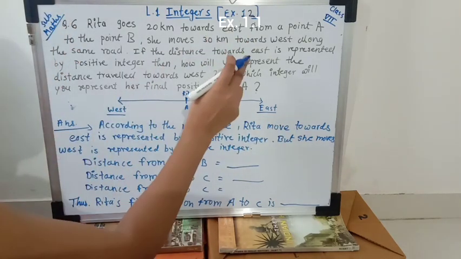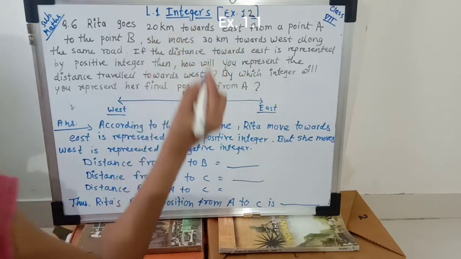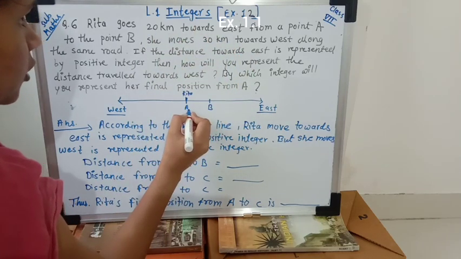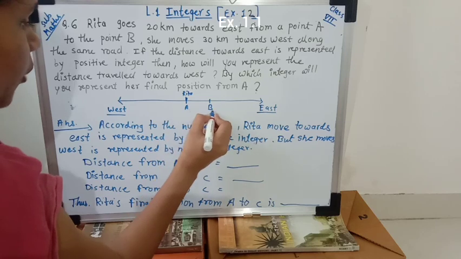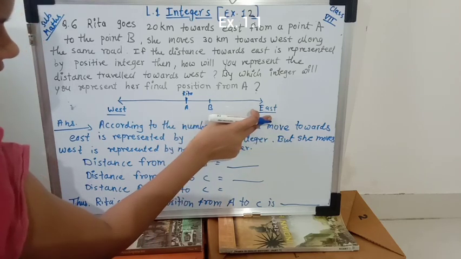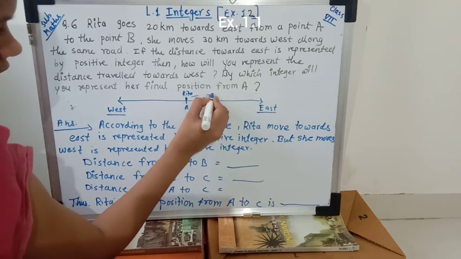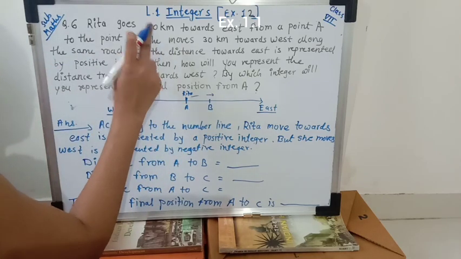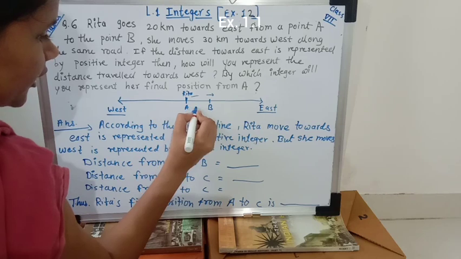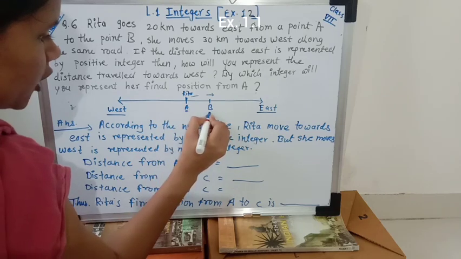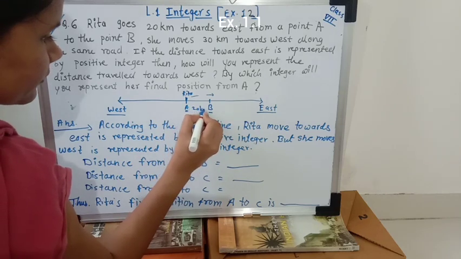She moves 20 kilometers from point A to point B. She is moving towards the east and covered 20 kilometers. So the distance between point A to B is 20 kilometer.